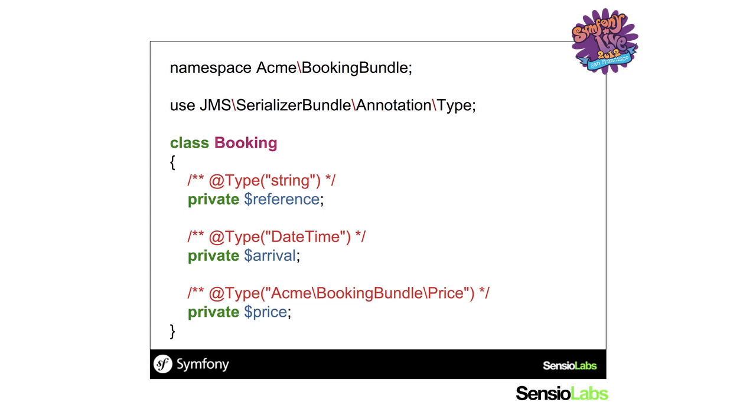So I want the serializer to recreate a datetime object. With the @Type annotation, you will map the type of your properties. So when unserializing a booking object, I want to get a booking object that contains a datetime object for the arrival property, and I want to recreate a price object for the price property.